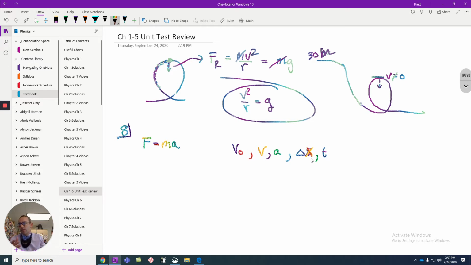A question I've used in the past for this has been a volleyball getting hit by a girl when she serves. She's going to serve this ball.